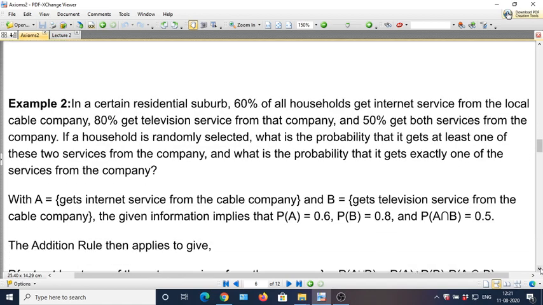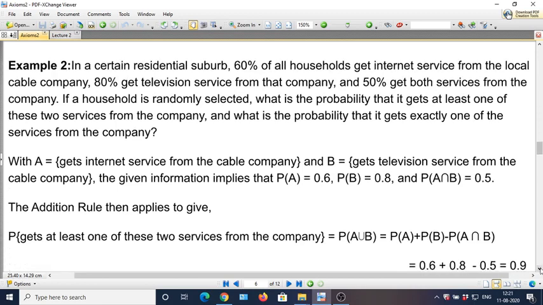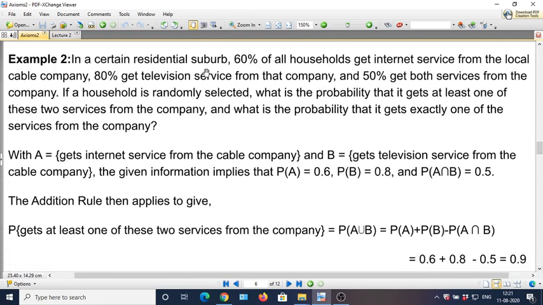Well, we'll just look at a simple example. Let us say you have a residential suburb area wherein 60% of all the households get internet service from a local cable company, 80% get television service from that company, and 50% get both the internet as well as the television service from that provider.